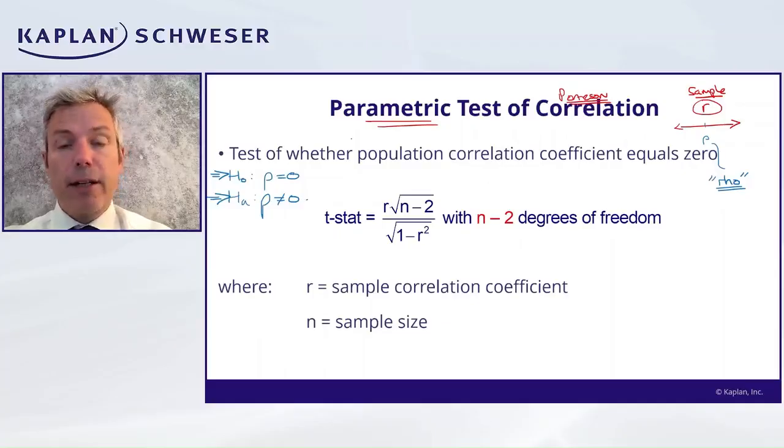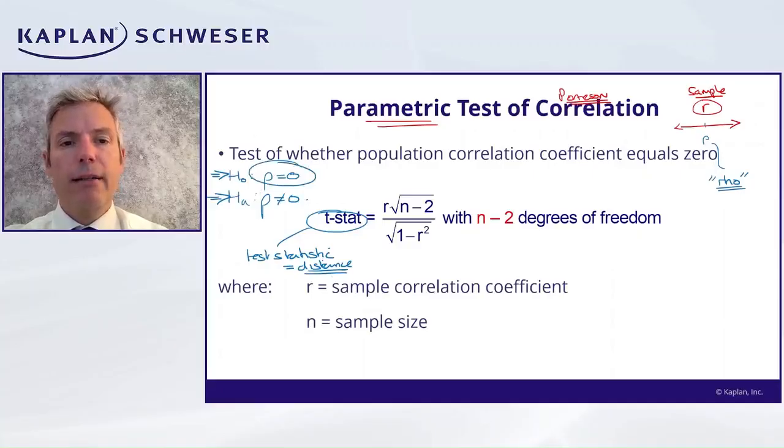So the main question here, like with our tests in the previous section, is how do we calculate our test statistic? Remember, your test statistic is a distance. It's the number of standard errors you are away from a hypothesized value, in this case 0. What you're looking at is the sample correlation coefficient, which is little r.